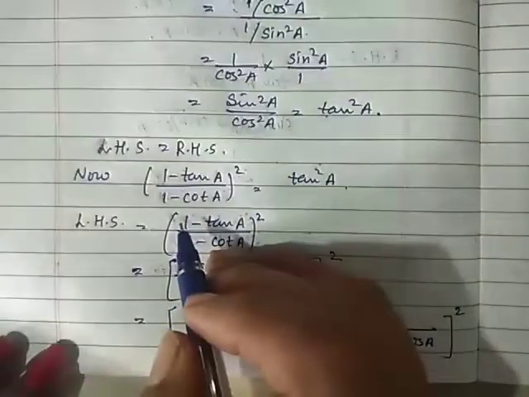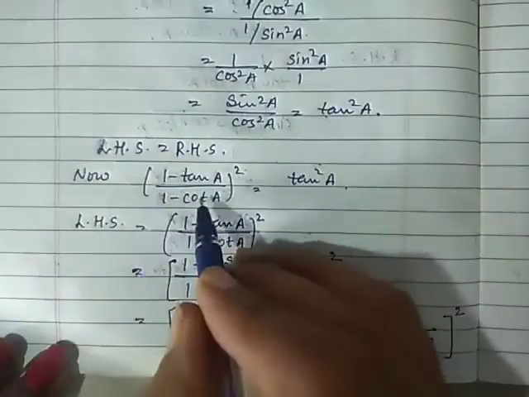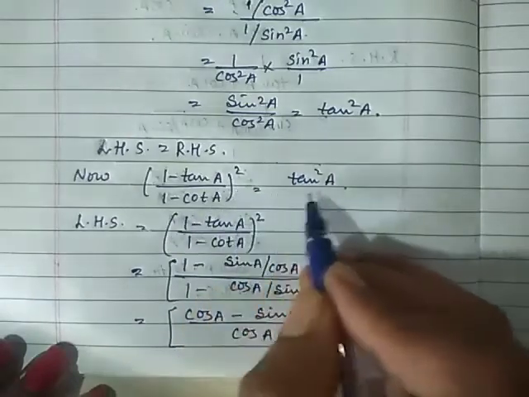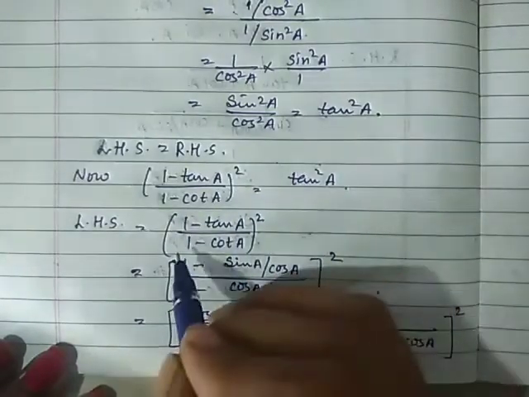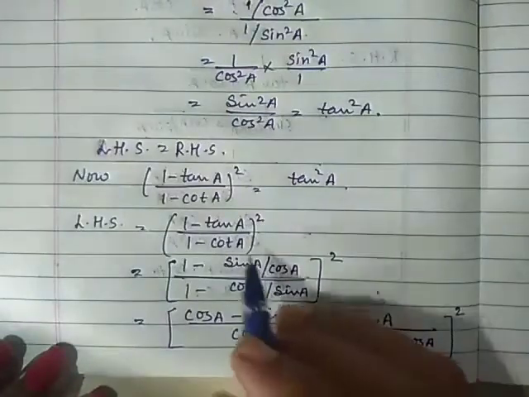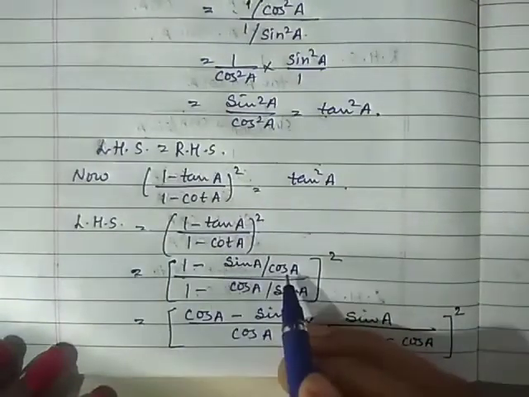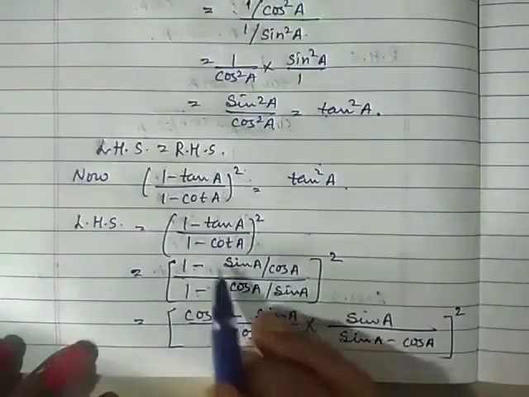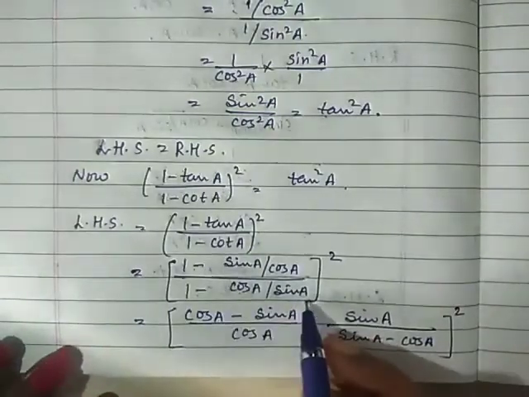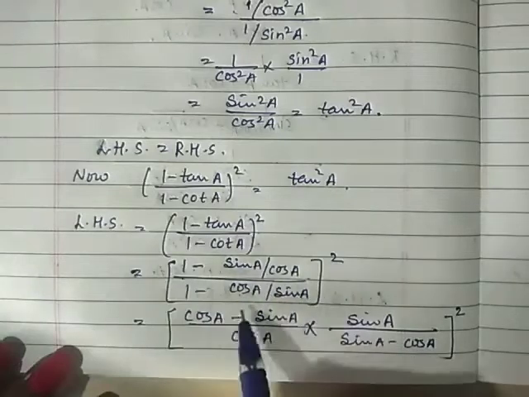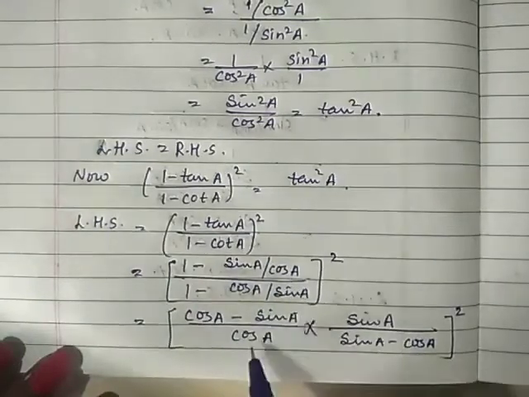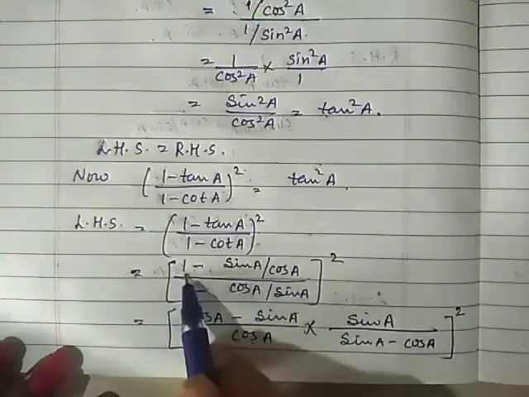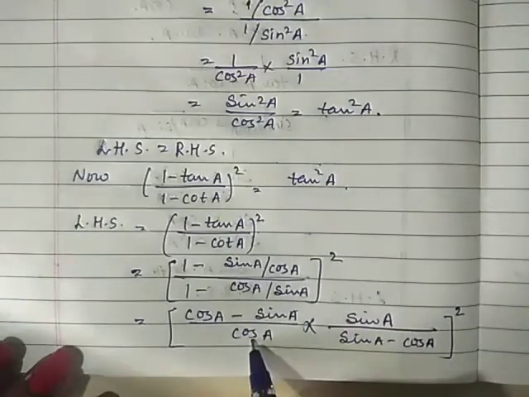Okay, second part of the question: 1 minus tan A upon 1 minus cot A whole square is equal to tan square A. So how can we solve this? This is 1 minus sin A upon cos A. We have converted tan and cot here, and 1 minus cos A upon sin A. So we'll get here cos A minus sin A upon cos A. Now we are solving only the numerator, taking cos A as LCM.